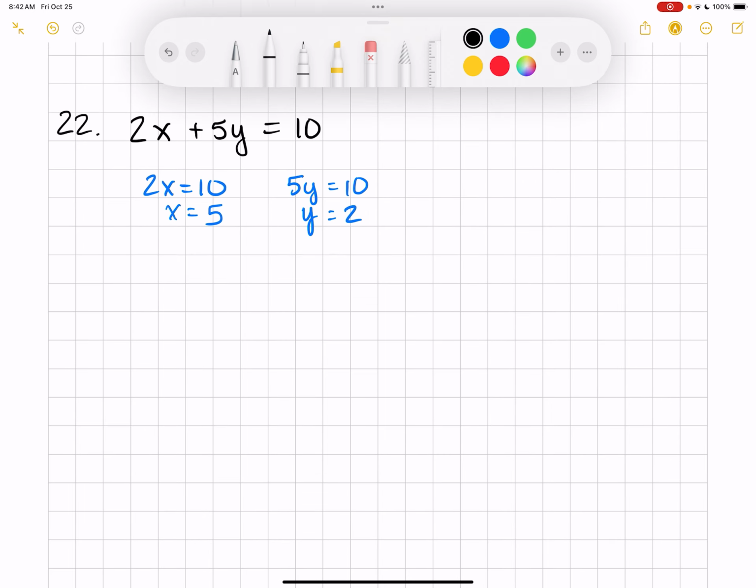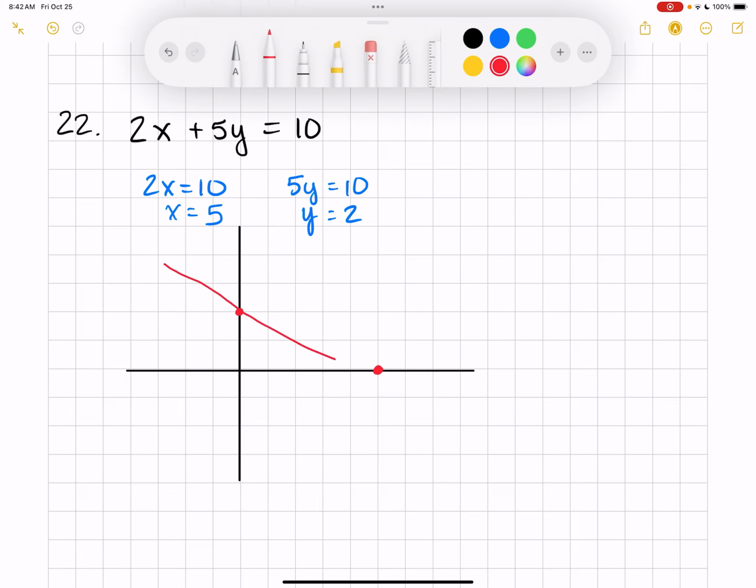When I set up my graph for this one, I have a point at x equals 5, so 1, 2, 3, 4, 5, and then I have one at y equals 2, so up here. That's my 2 points.